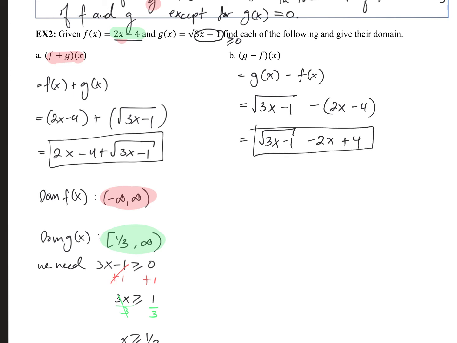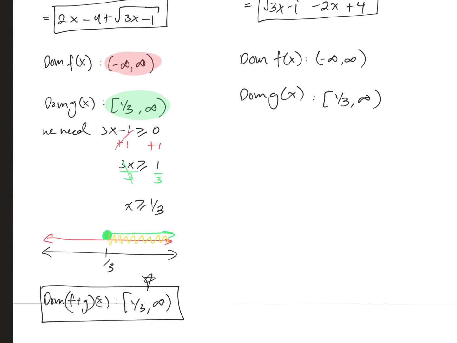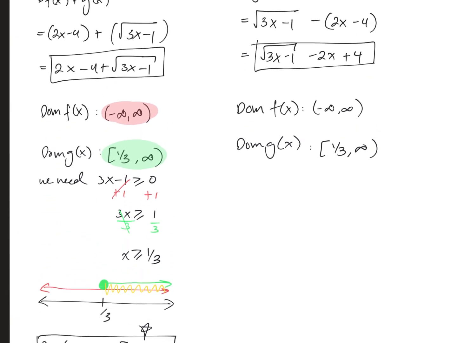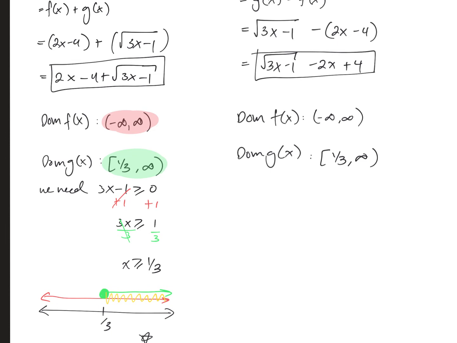Okay, so let's go ahead once again. What is the domain of f of x? We already found that earlier, so negative infinity to positive infinity. And the domain of g of x, we also already found that earlier, 1/3 and infinity. And basically, because nothing else really much is happening, it's still just going to be at 1/3, and we just intersect them.